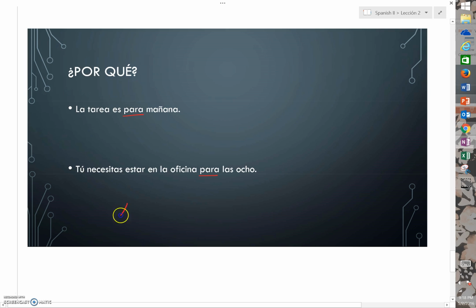Both of these sentences are expressing a deadline. Para is used to express a deadline. That's it. Those are our main uses of para. There's a couple other ones that we'll talk about in class, but these are our basics, our main uses of para. So let's recap them really quick.